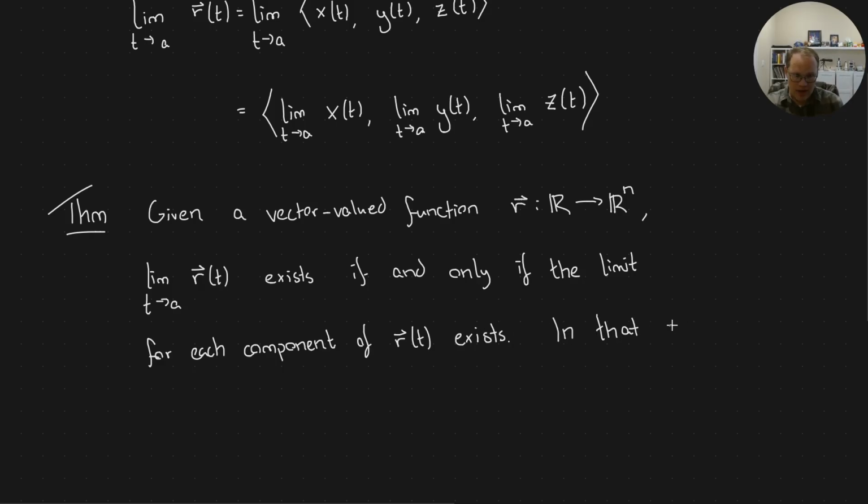In that case, the limit as t approaches a of r of t is just equal to the limit of the individual components.